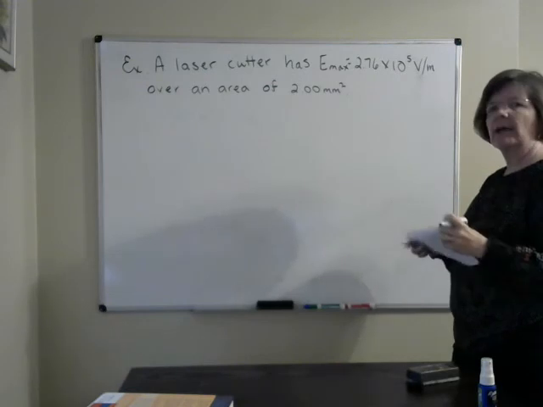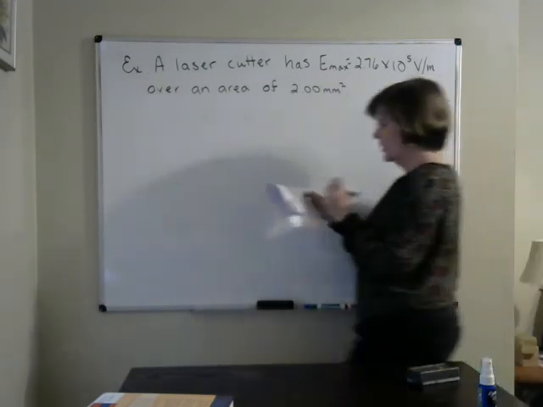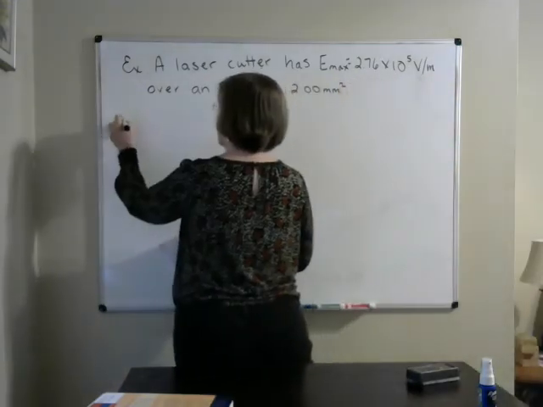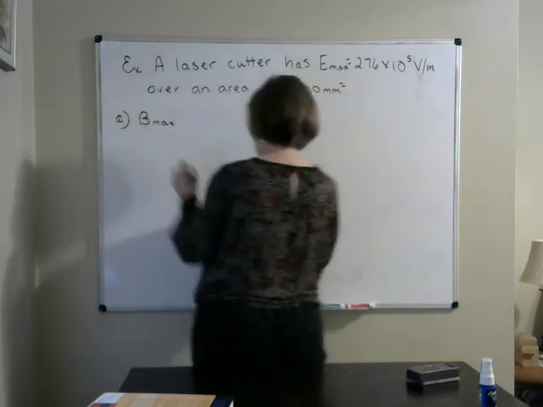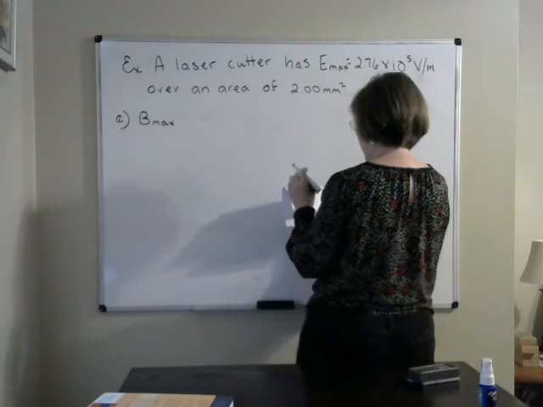They want me to find a lot of things, so we'll just go one by one. The first thing they want me to find is the maximum magnetic field. Okay.